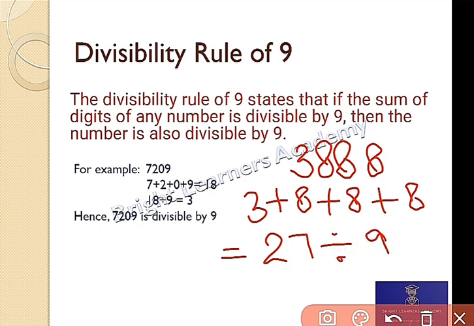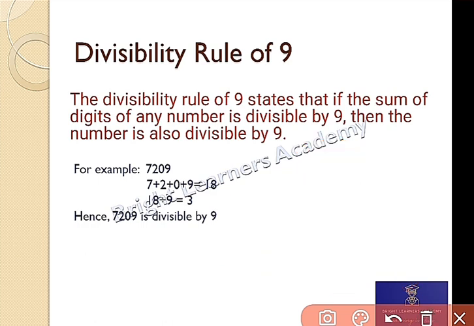So 9 3s are 27. It means our quotient would be 3 and remainder would be 0, right? So we can say that 3,888 is divisible by 9 because the sum of the digits is divisible by 9. If the sum of the digits is divisible, it means that number would be divisible by 9.